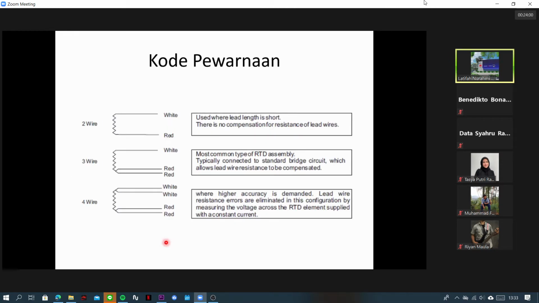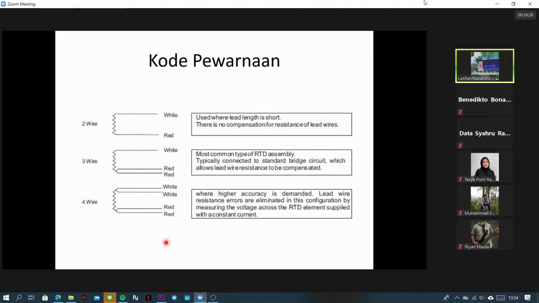Like in a thermocouple, there is a color code for the wires. You should check that. I may have given you in one of the videos. A thermocouple always uses two wires, and there is a color code for thermocouple.